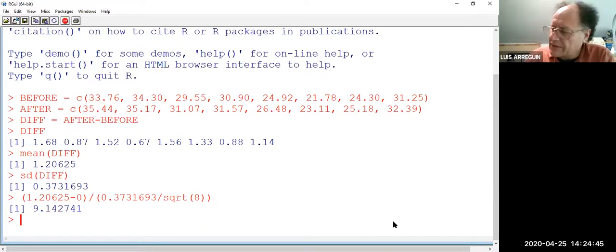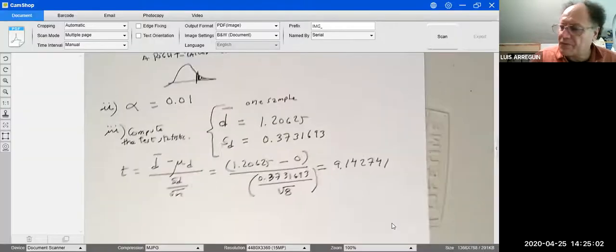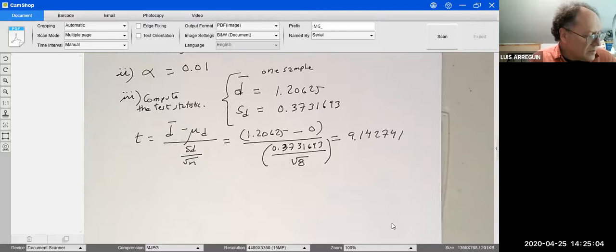This is going to be equal to 9.142741. So that's my test statistic.